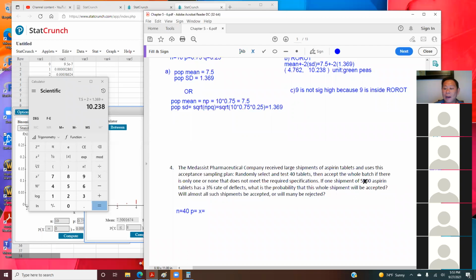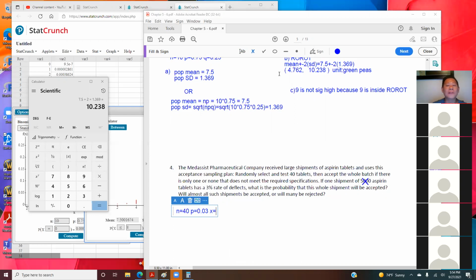It just came with the 3% defect rate, so don't use the 5,000. In this case, 40 tablets is the n. What is the probability that a tablet is defective? That means no good. 3%, 0.03.